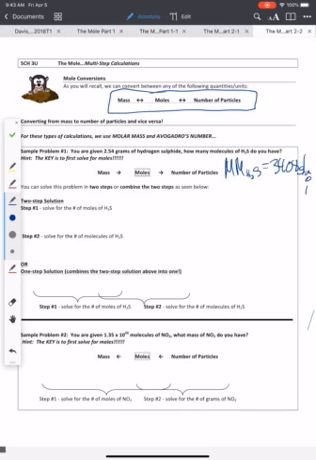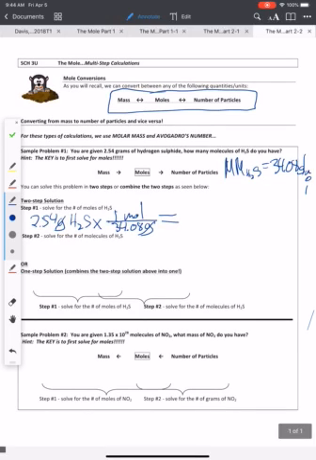So you can solve this problem in 2 separate steps. We take our 2.54 grams of H2S and use our molar mass to convert from grams of H2S into moles of H2S. So we'd multiply by 1 mole over 34.08 grams, and our gram units cancel.